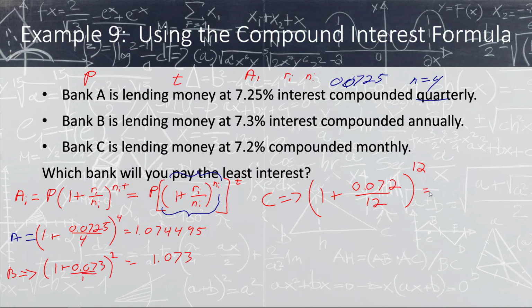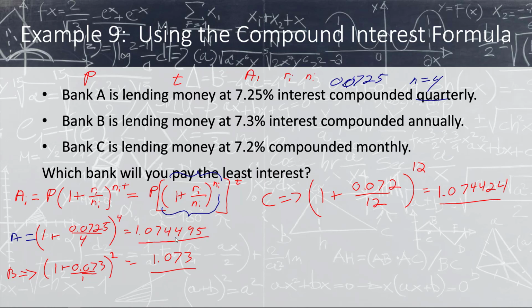Okay, and if I do that math, I will have 1.0744424. So this is C, this is B, and this is A.